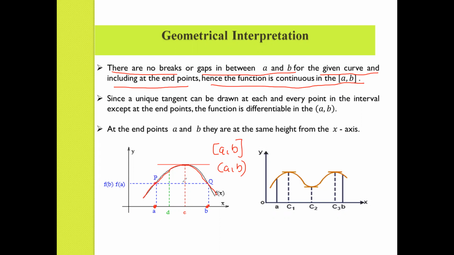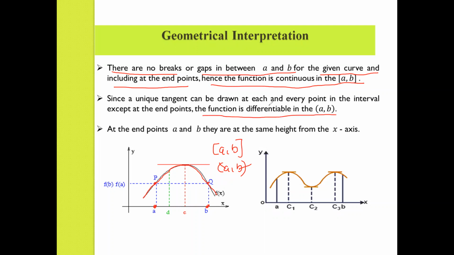So we cannot draw any tangent at the endpoints. That's why it is an open interval. Open interval meaning we have to exclude these 2 points. We have to consider between these 2 points, but we have to exclude this A and this B. So the function is differentiable in the open interval A comma B.